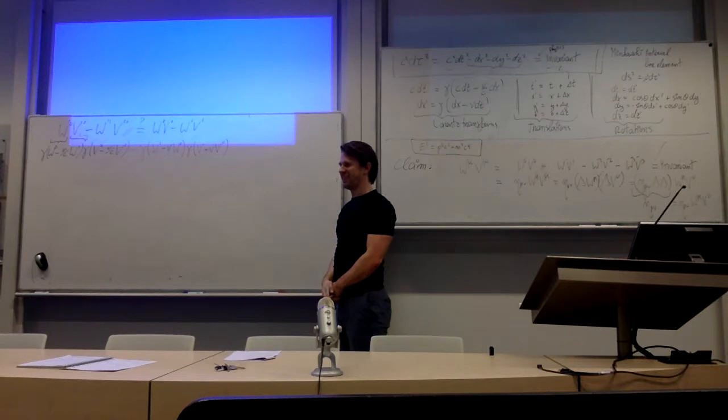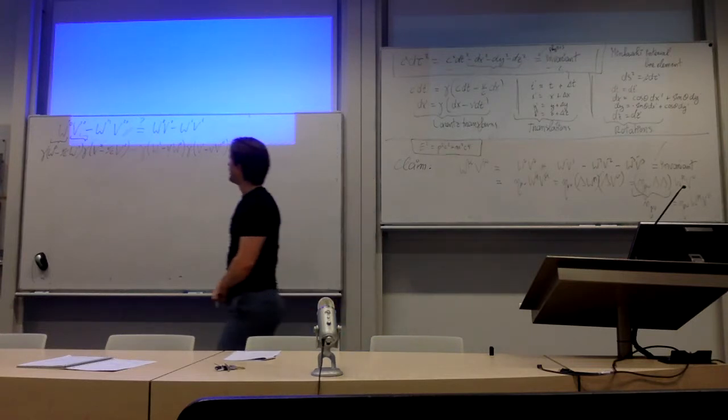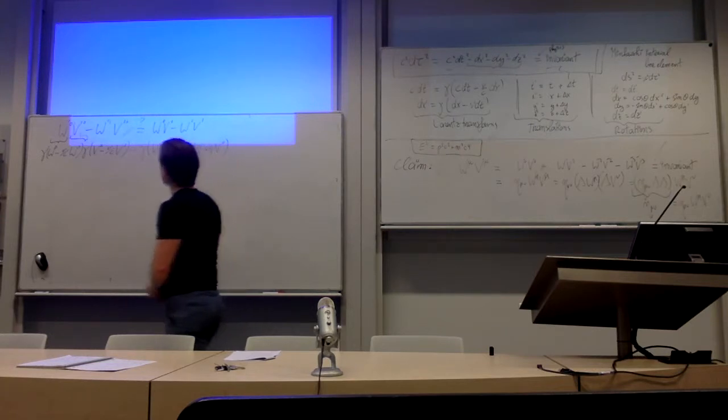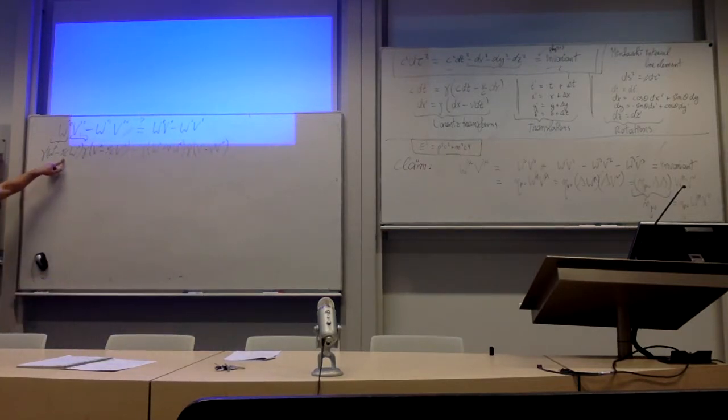Are we missing the C's? It shouldn't be. There's a c here, isn't it? Shouldn't it be minus v over c squared? No. There is a minus v squared, but that's all in the gammas. Because from that we have c on the other side.